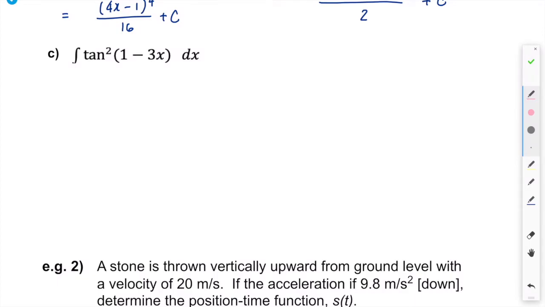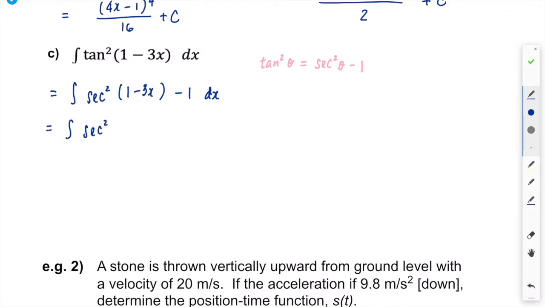If you recall, if I have tangent squared theta, there is a trig identity, secant squared theta minus 1, that I can apply here. And theta in this case is 1 minus 3x. So let's rewrite this. I have the integral of secant squared (1 minus 3x) minus 1 dx. That's better, right? Because then I know how to integrate secant squared (1 minus 3x) dx.